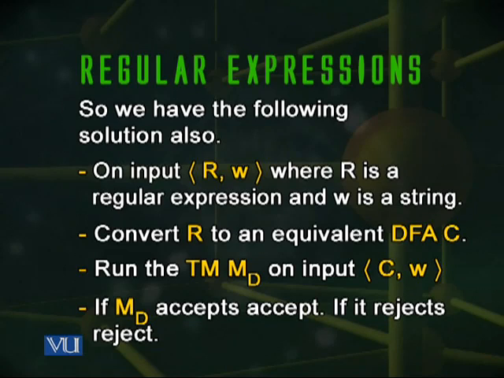Otherwise, it will reject. So you see, what we have done is converted the problem of telling if a string is generated by a regular expression into the problem of telling whether a string is accepted by a DFA. So all these problems are decidable. Of course, what we have been doing is giving very high-level descriptions of these Turing machines which decide these problems, these languages.